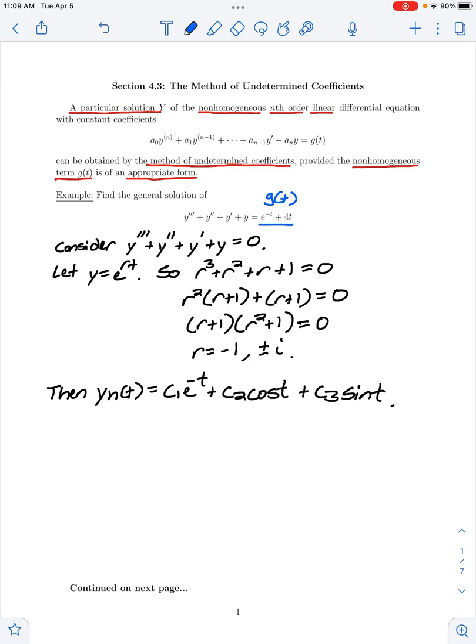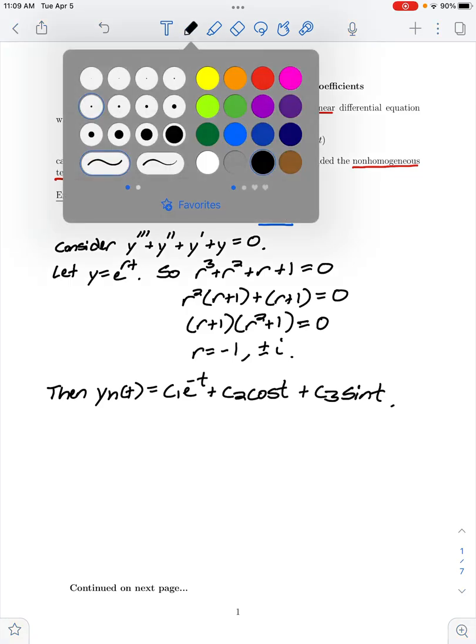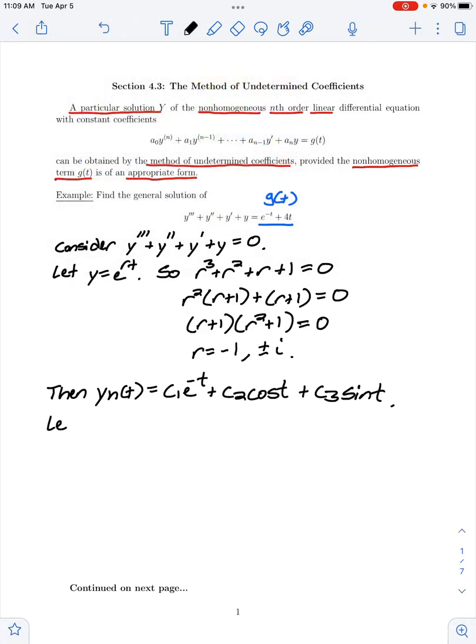And we see here that g of t is a constant times e to the negative t plus a first degree or linear polynomial. So let's look for a particular solution of that same form. Capital Y of t, we could take some constant a times e to the negative t.